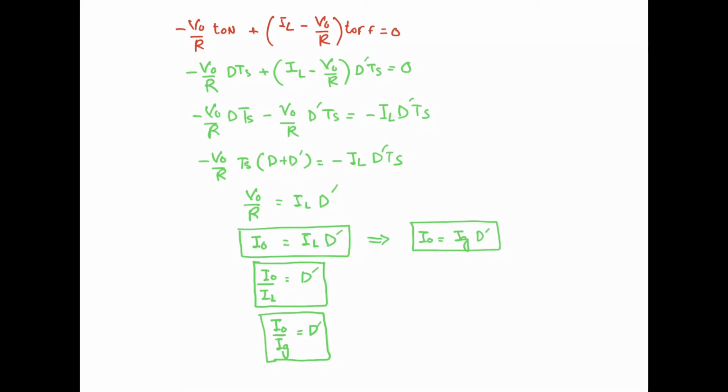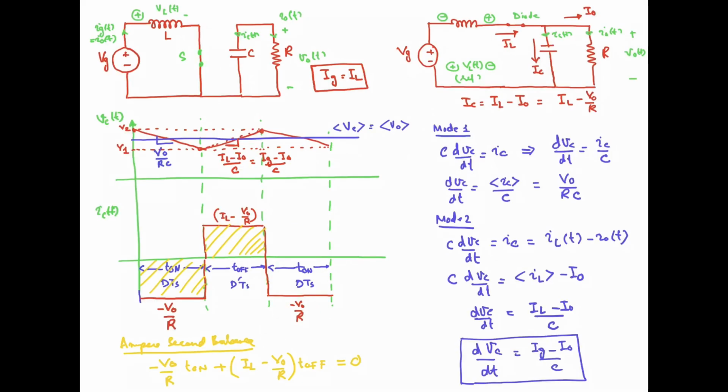Now we are going to work out the voltage ripple. For voltage ripple, we are going to look at this waveform again. Over here we can say that the slope is equal to delta y by delta x, right? And delta y is 2 times delta vc.